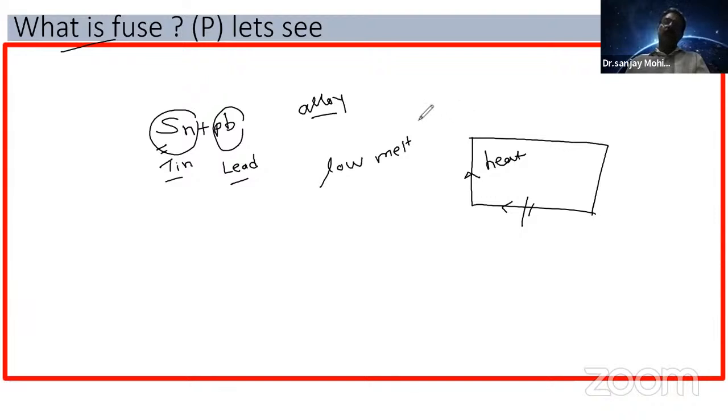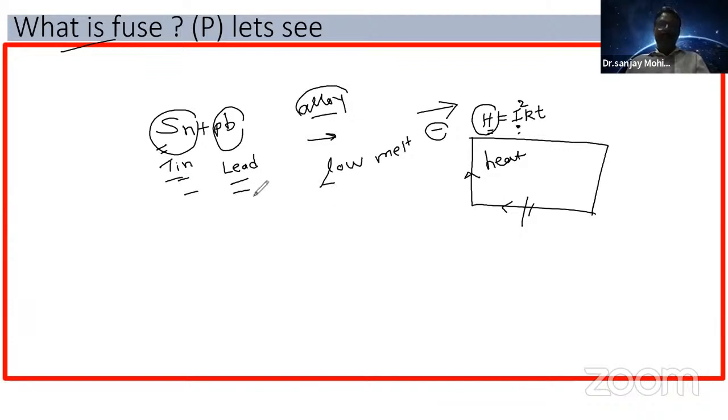Suppose the current passes more than the permissible value. Then we know from Joule's law, H is equal to I square R T. It means the more the current passed, the more heat will be generated. So if, due to a short circuit, the current is more than the permissible value, more heat will be generated, and as the fuse is made of a low melting point material, it will melt.